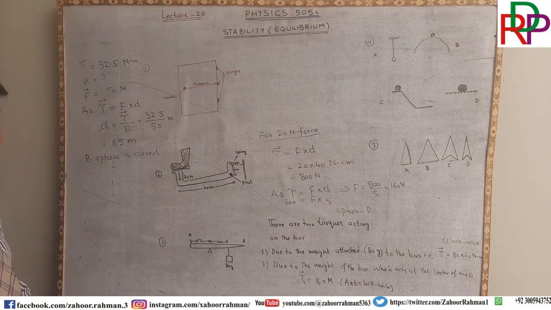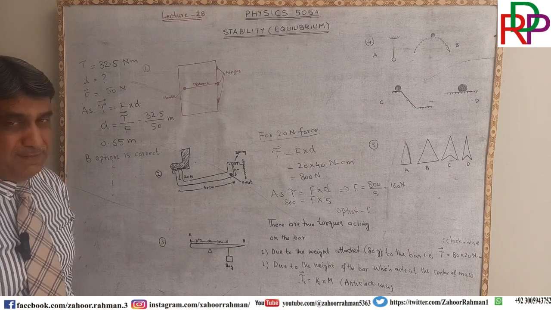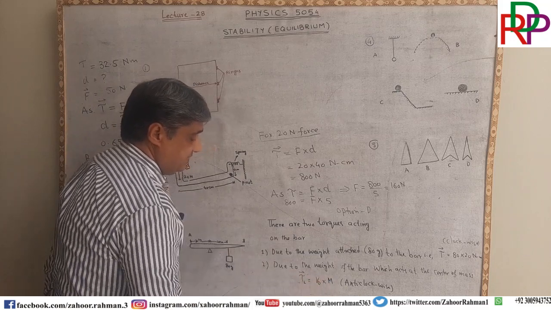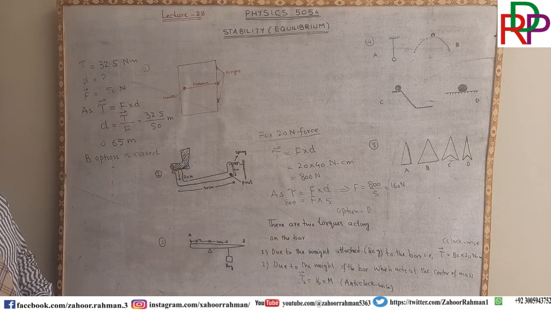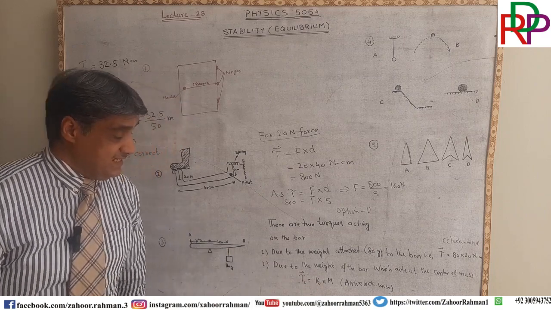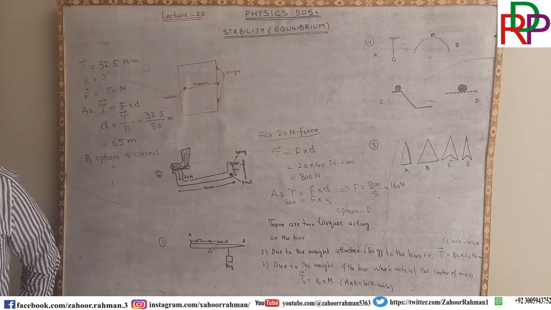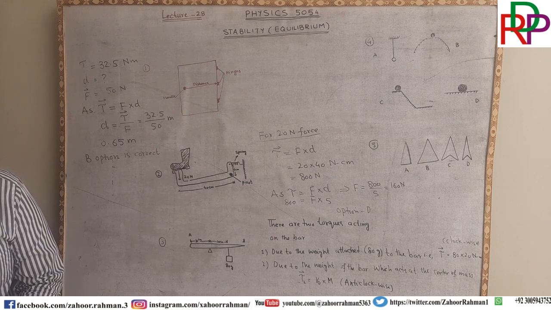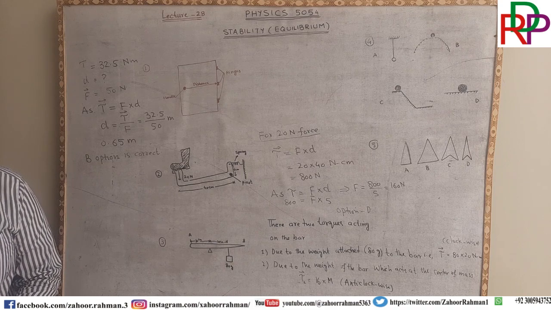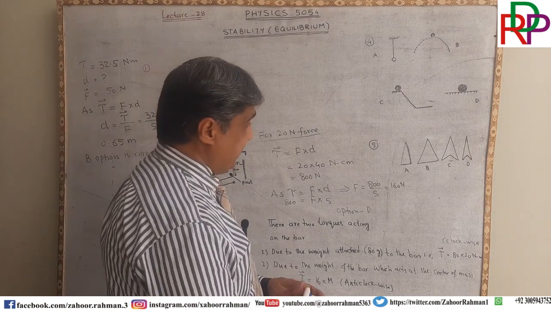M is that mass which we are representing with the capital M. So the distance is 16, and 16 is given to us in the 40 and then 16.